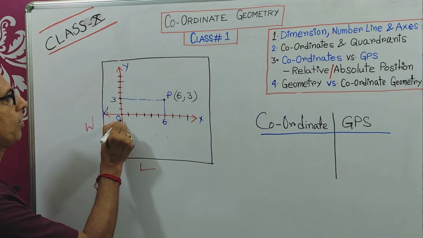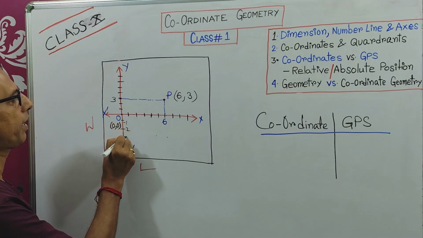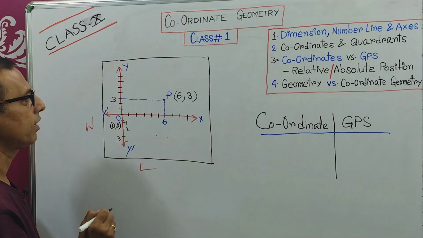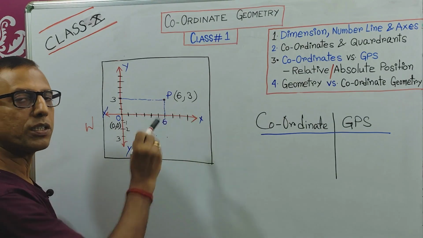So it is minus 3 because this side it is minus 1, minus 1, minus 2, minus 3. So it is 6, minus 3, right? Now, for the same position, the position remains the same.